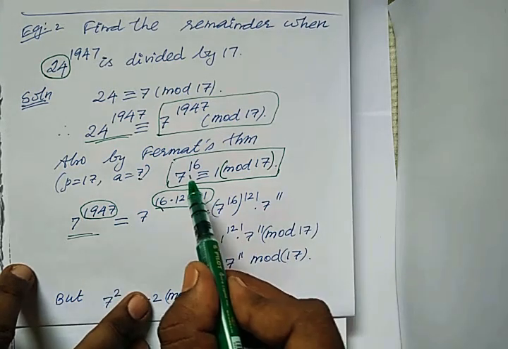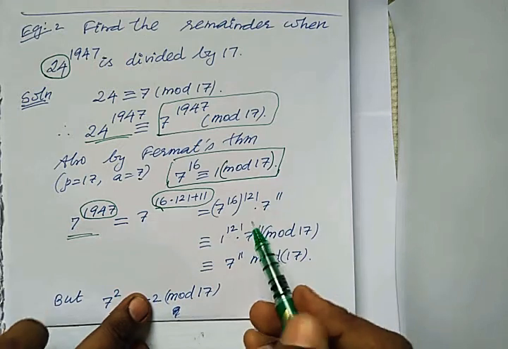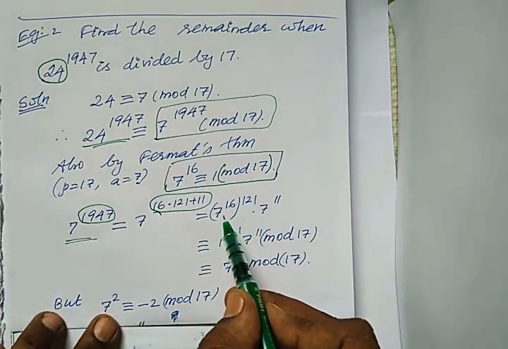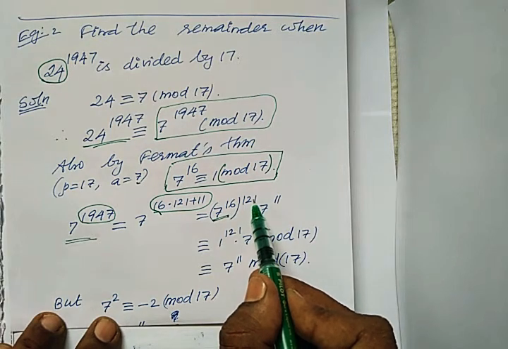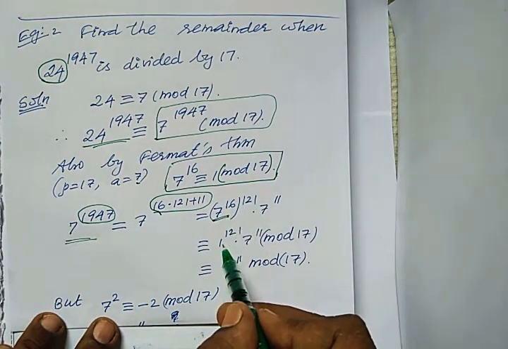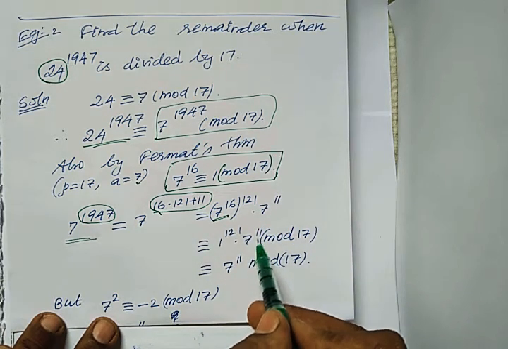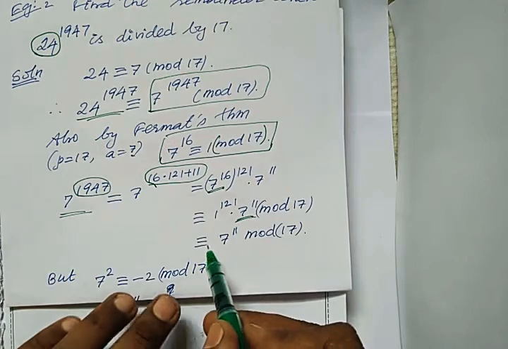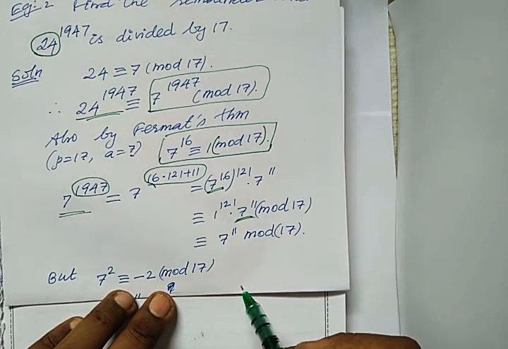But we know that 7 to the power 16 is congruent to 1 modulo 17. So to whatever power we take, we get the same 1 only, it is 1 modulo 17. So we just get 7 to the power 11, so this is congruent to 7 to the power 11 modulo 17.